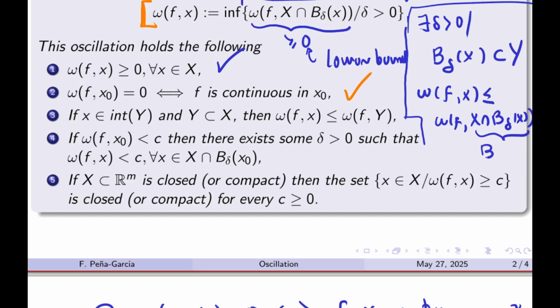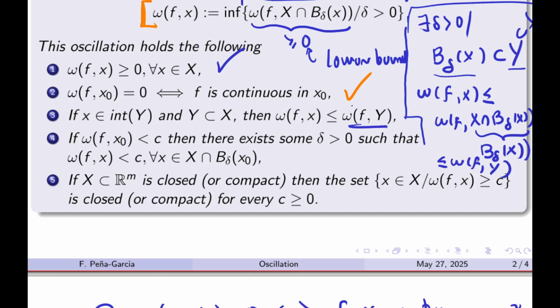And this is equal to this because y is a subset of x. So this is a subset of x. This intersection is equal to this. And since this is inside of y, this will be smaller than the oscillation in y.